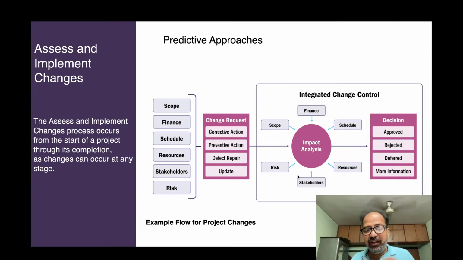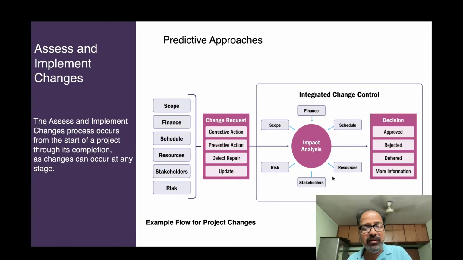So if anything gets into a change request, we should go to a change control board, and that particular request might be accepted, deferred, or rejected. Who takes the decisions? The project sponsor or project manager, as specified in the project management plan or organization procedures.